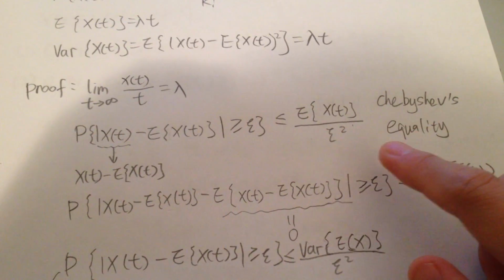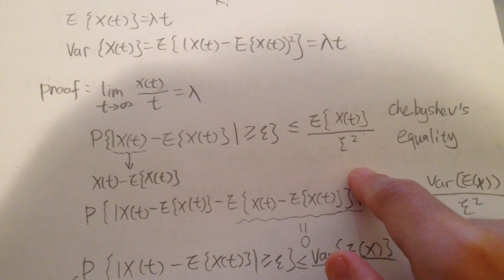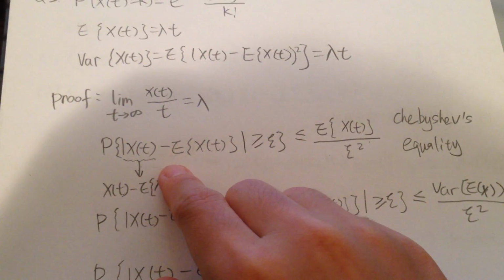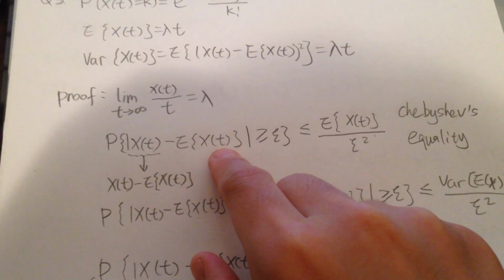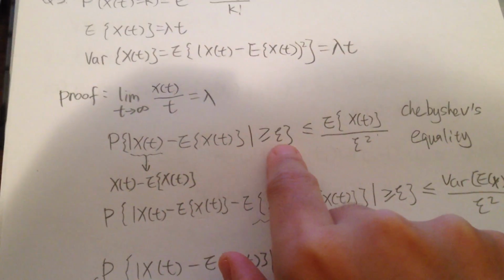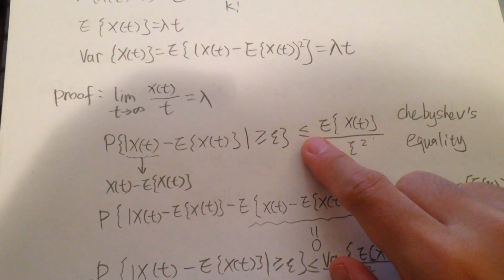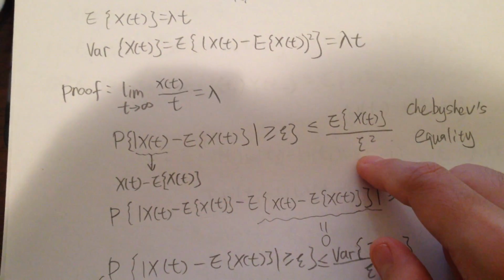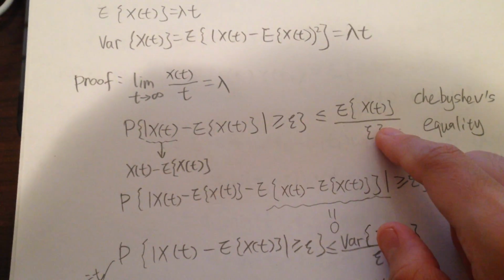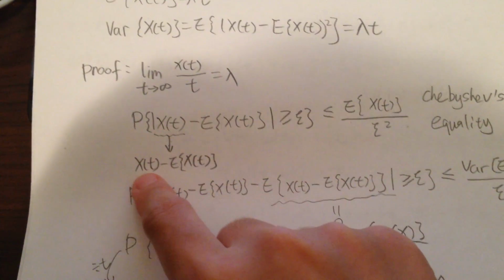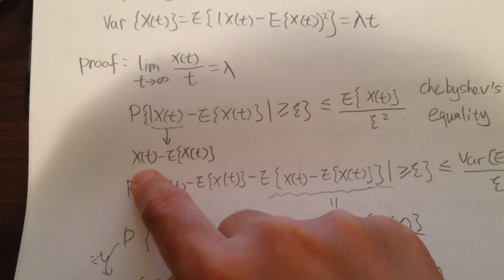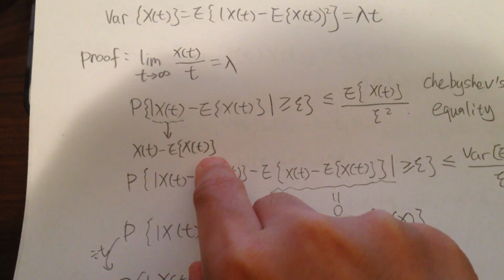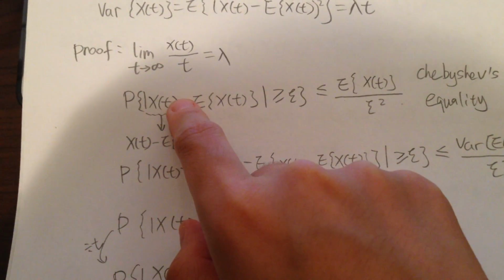According to Chebyshev's inequality, we can have this formula. The probability of the absolute value of X(t) minus the expectation of X(t) greater than epsilon should be less than the variance of X(t) divided by epsilon squared. Here we also substitute X(t) with X(t) minus the expectation of X(t) into the formula.